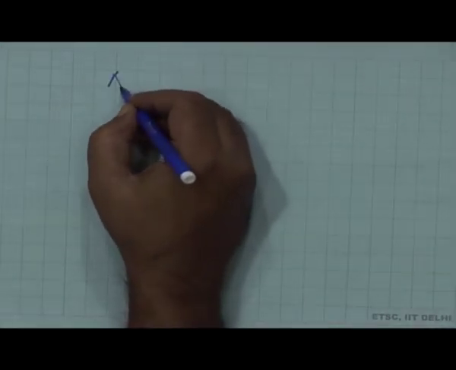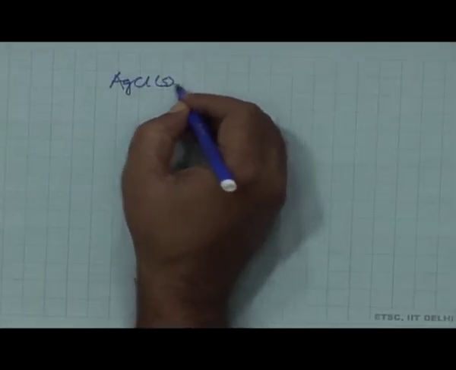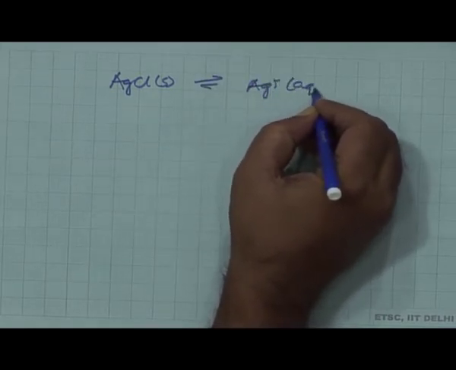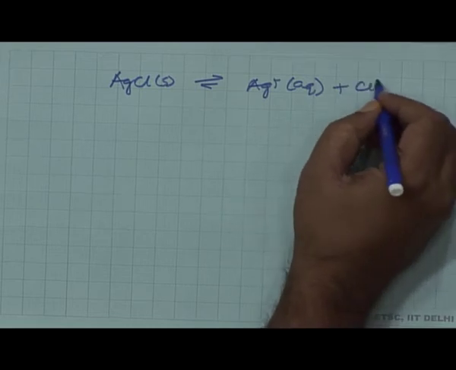So, AgCl solid is in equilibrium with Ag plus aqueous plus Cl minus aqueous.